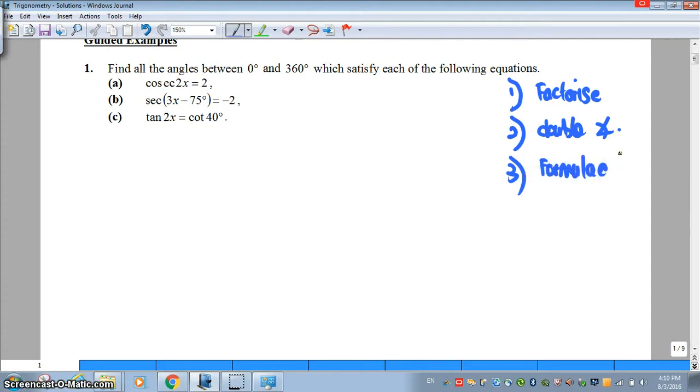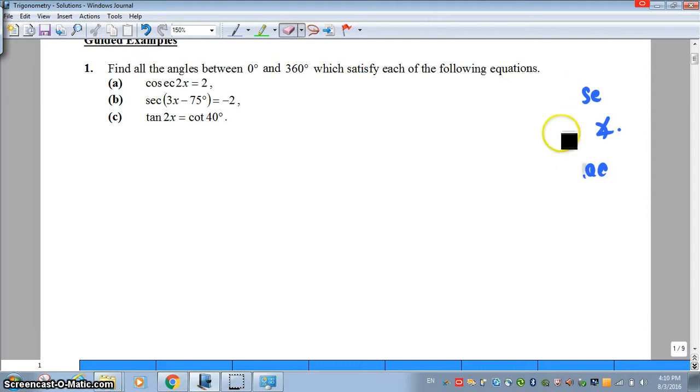Usually you will make use of double angle, or if not, you will make use of some square term. So I say again, there are 3 types of questions, namely, you will need to factorize, the use of zero product rule, or there's what we call double angle, or even a formula list for you to refer to.